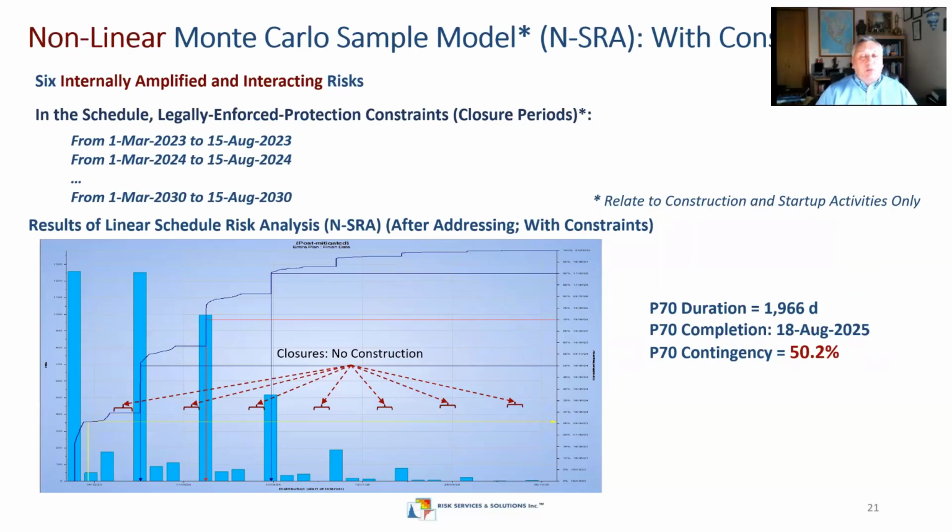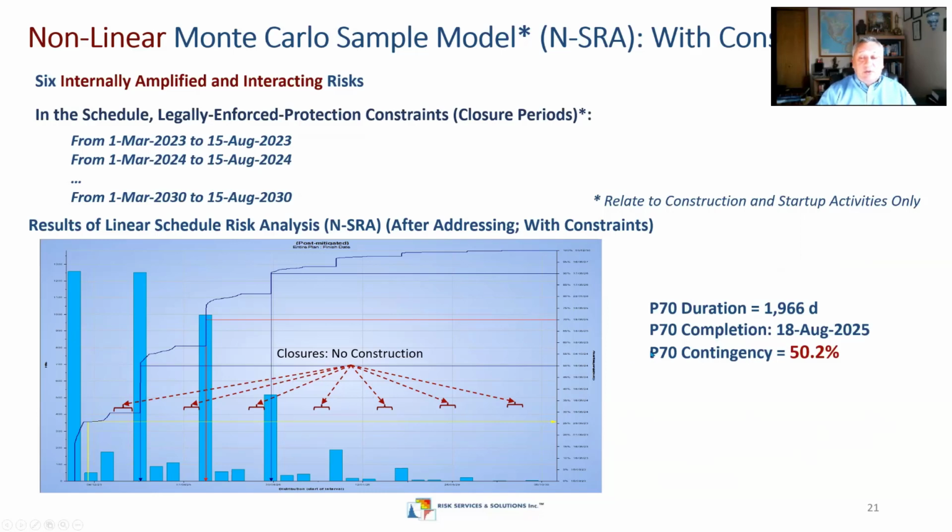So if we build this model, and I did that before this presentation, you still have the same 6 internally amplified and interacting risks. You have the same closure periods as in the previous model, right? And the result will be quite amazing because you will have several closure periods here, right?